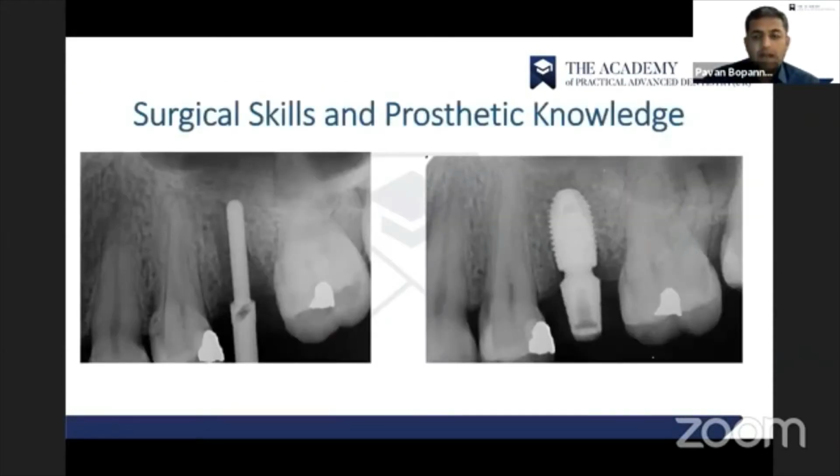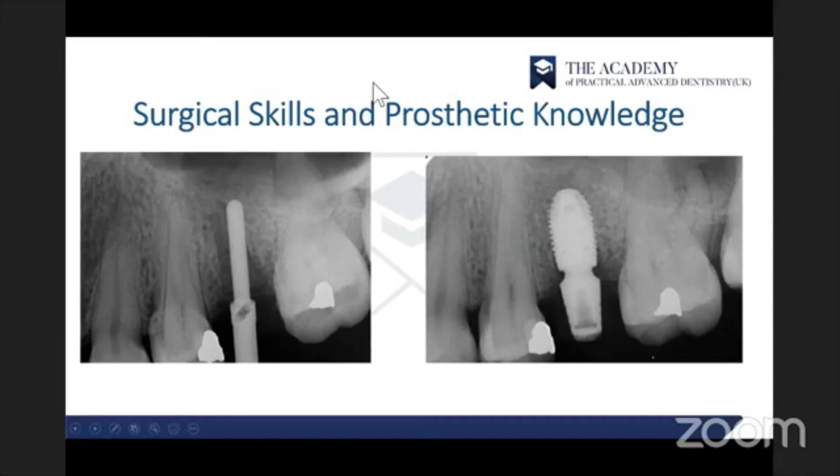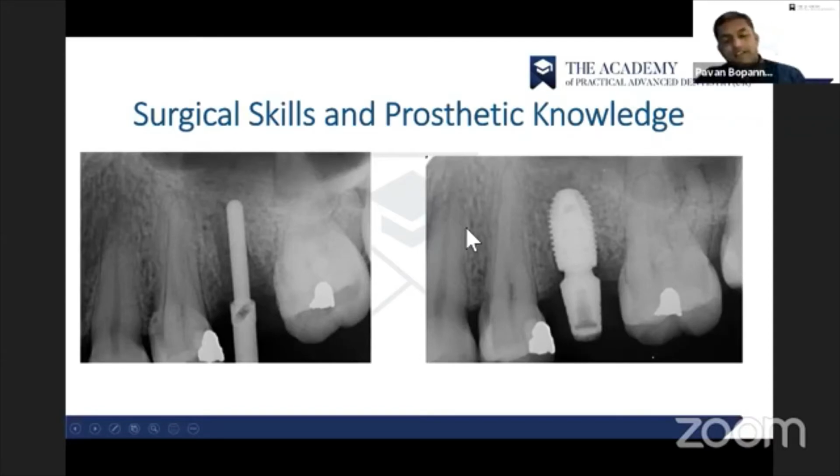So I didn't go guided there. The reason was that I'd done a little sinus tap there, and I'd used a lot of condensers. As you can see, in 10 weeks, the bone wasn't dense enough. And then I placed the implant.